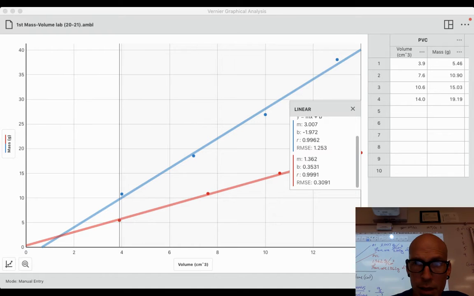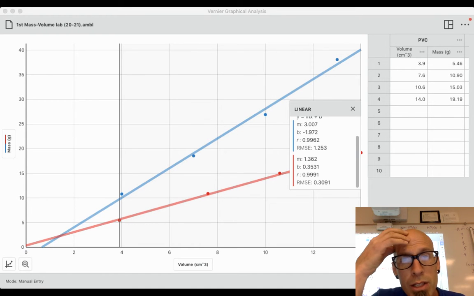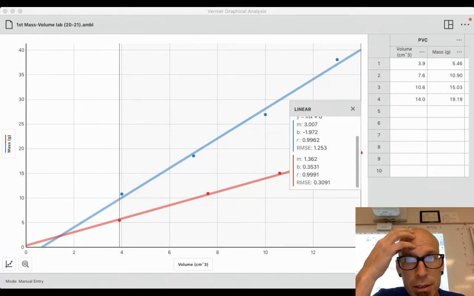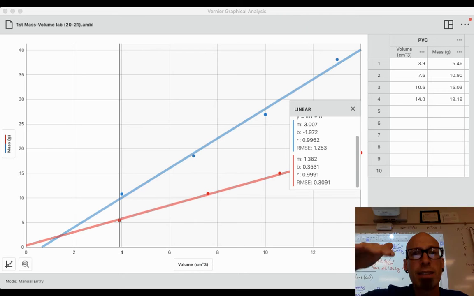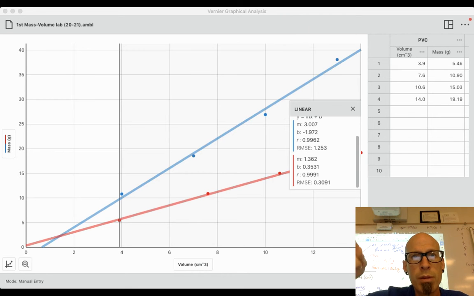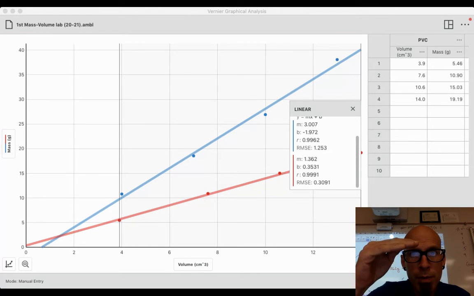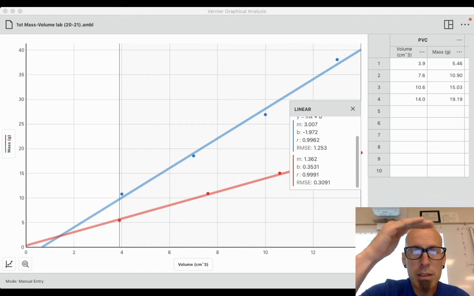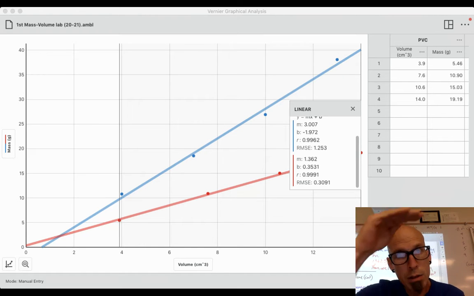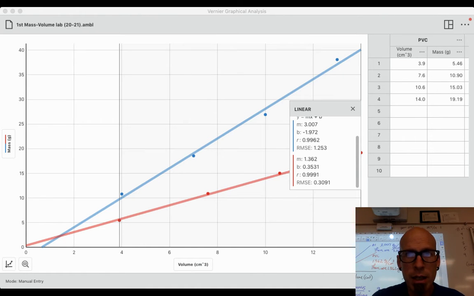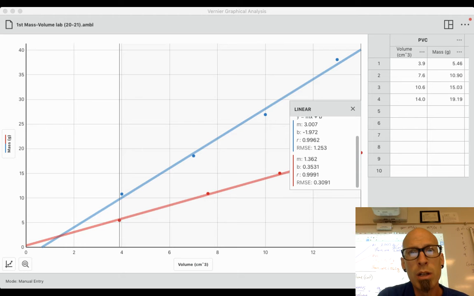Because by looking at the graph here, yes, there is a relationship between mass and volume. The volume getting bigger means the mass gets bigger, so one of them changes and then the other one changes also. The bigger piece of aluminum has more mass. The bigger piece of PVC has more mass. The smaller piece has less mass. So again, they are dependent upon each other.